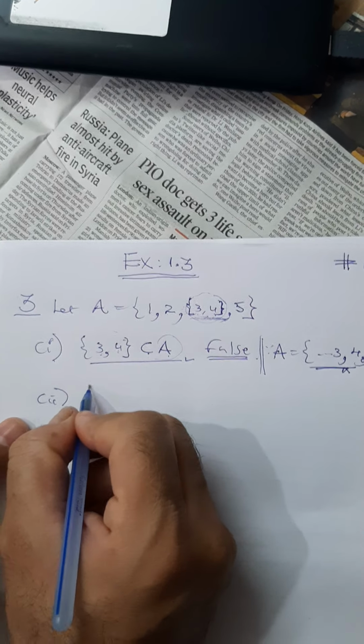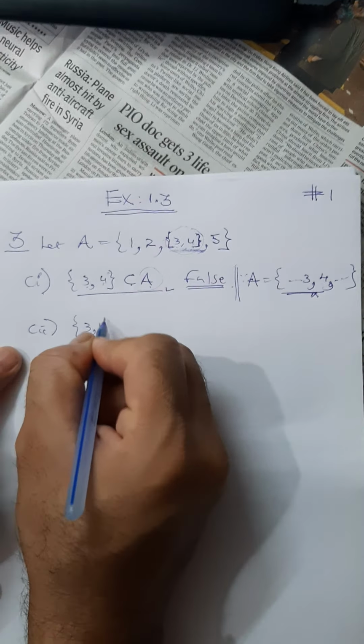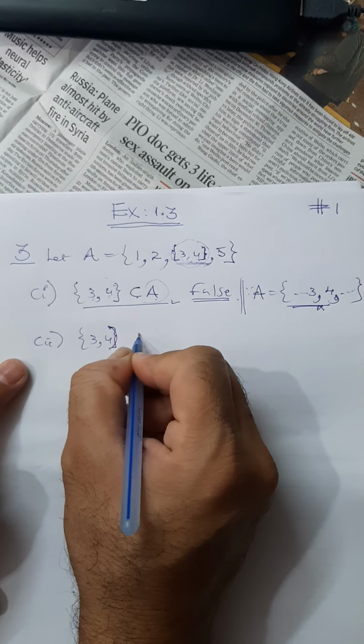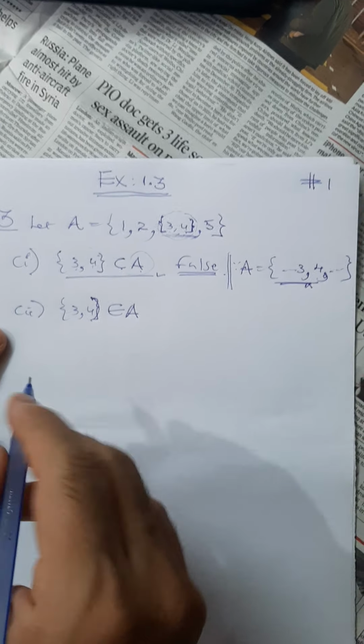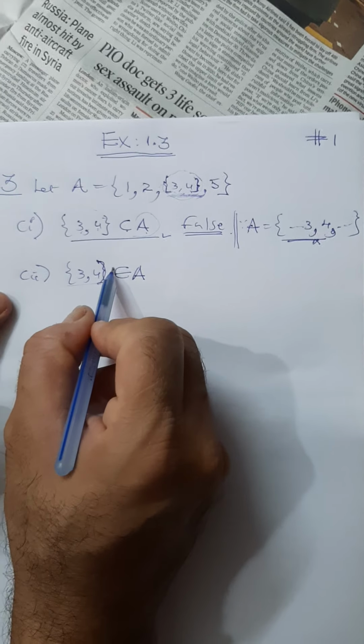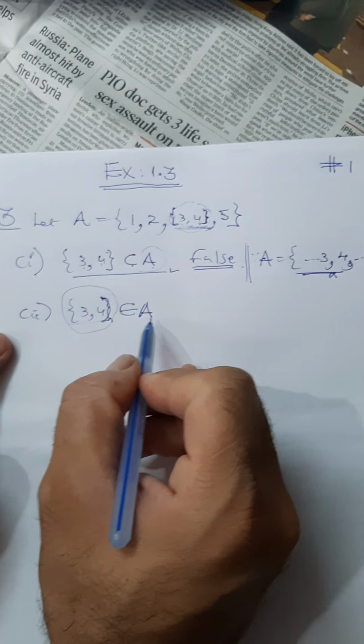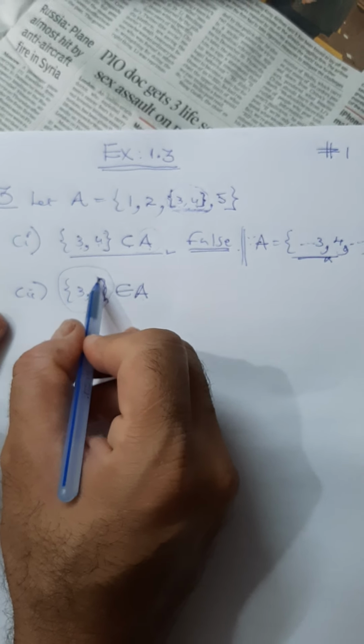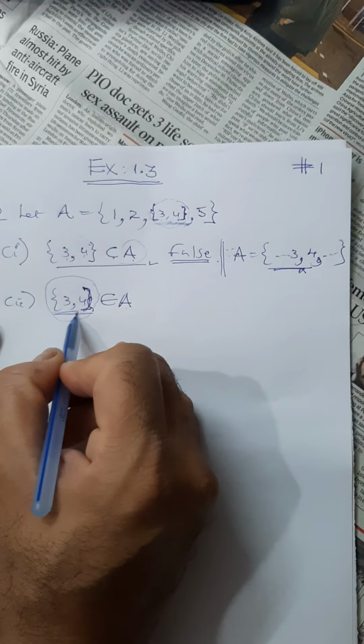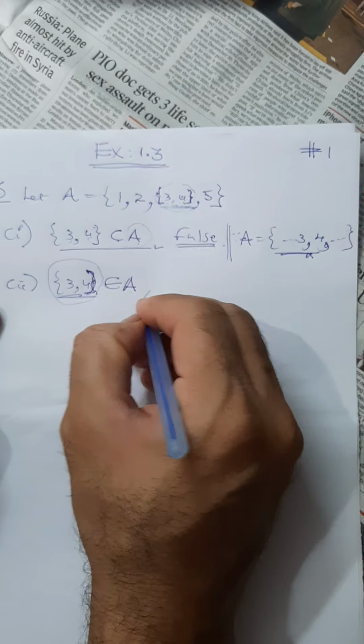Second part is 3, 4 belongs to A. Now belongs to means what? This member should be present in A. Which is already there. You know this 3, 4 is already in A. So this is true.